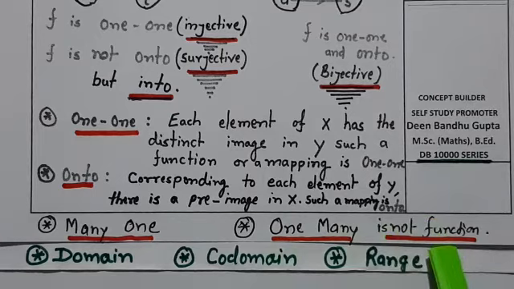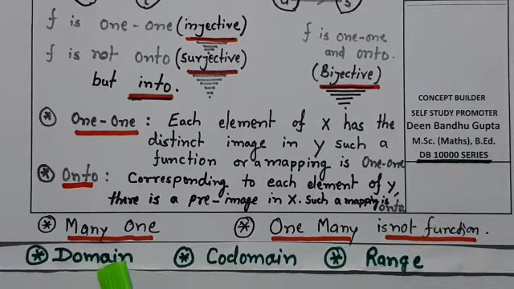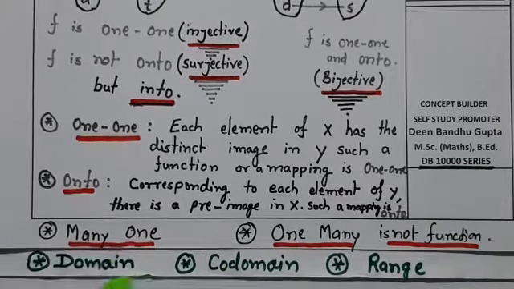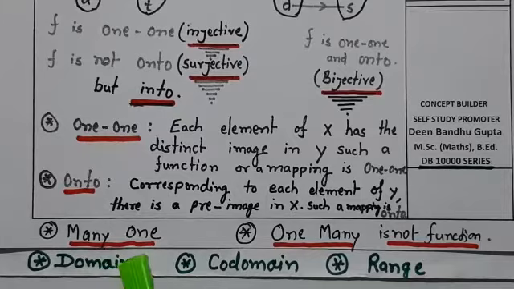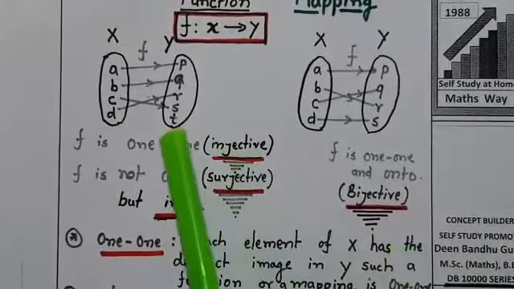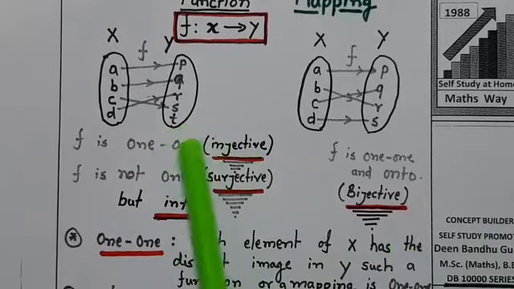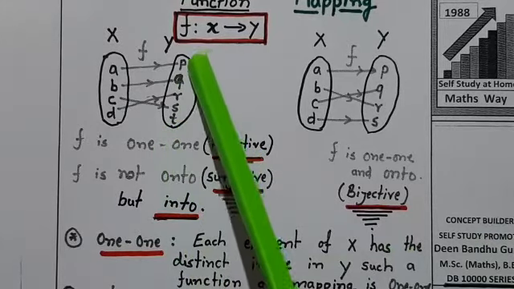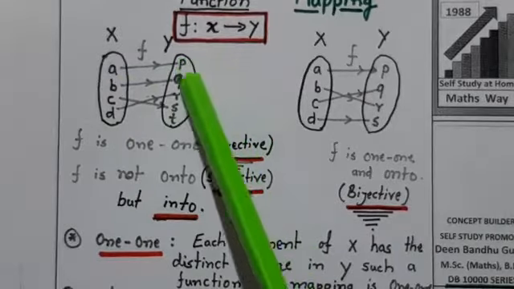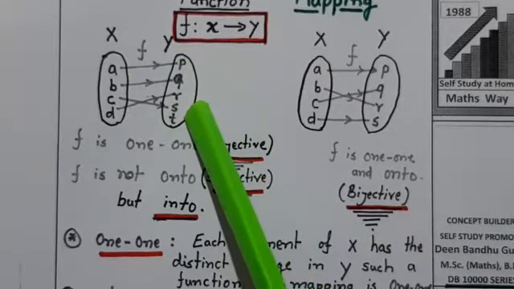Here also, these terms we will understand: domain, codomain and range. Domain, the set x is known as domain, and here the complete set Y is known as codomain, and the set which has the image of X, that is known as range.